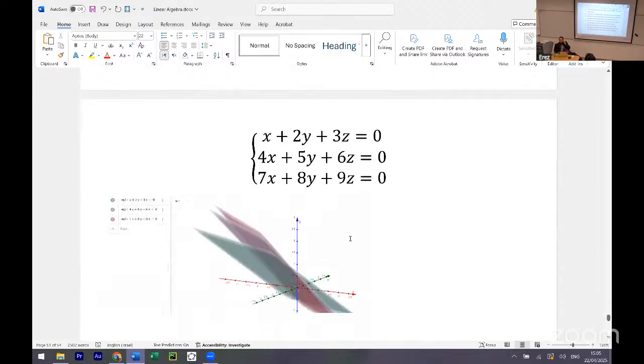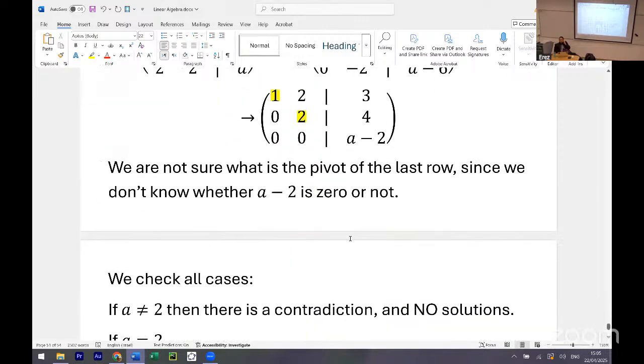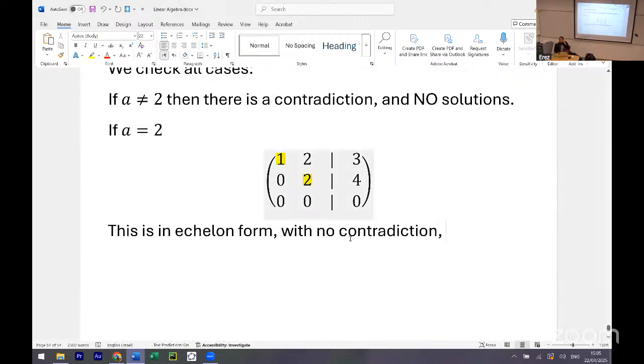Yes. So how do we do it? We look at each variable, at each column, and ask ourselves, is there a pivot in this column? So the column of X, is there a pivot in the column of X? Yes. Is there a pivot in the column of Y? These are all the variables we have.